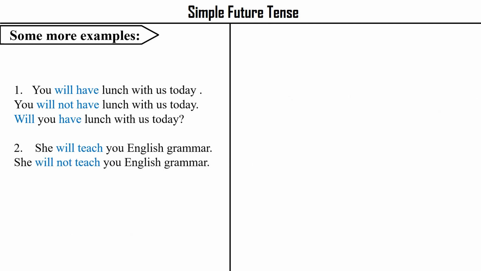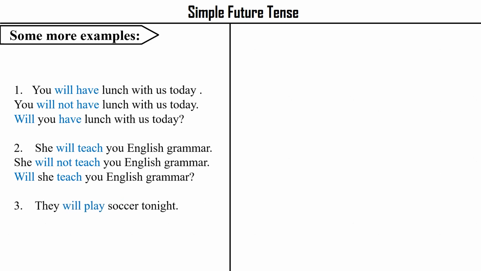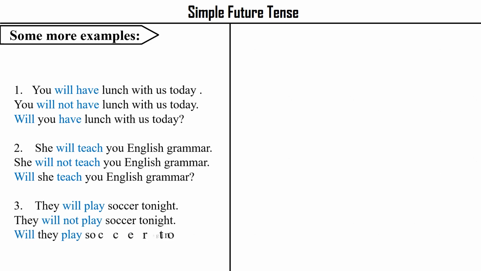She will not teach you English grammar, negative. Will she teach you English grammar, interrogative. They will play soccer tonight, positive. They will not play soccer tonight, negative. Will they play soccer tonight, interrogative, etc.